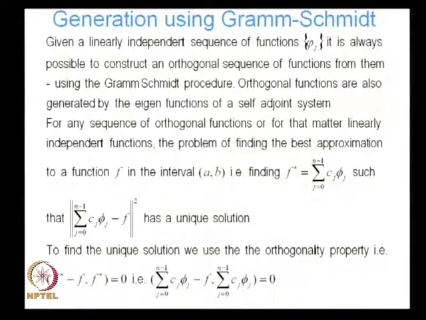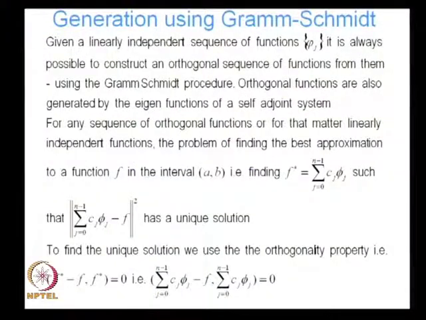So, for any sequence of orthogonal functions, or for that matter linearly independent functions, the problem of finding the best approximation to a function f in the interval a b, that is, finding f star equal to sigma j equal to 0 to n minus 1 of c j phi j, such that the norm of sigma j equal to 0 to n minus 1 of c j phi j minus f, squared, is minimized, has a unique solution.